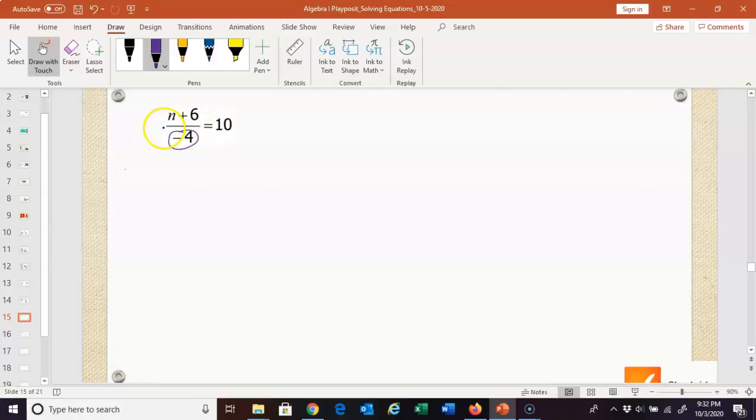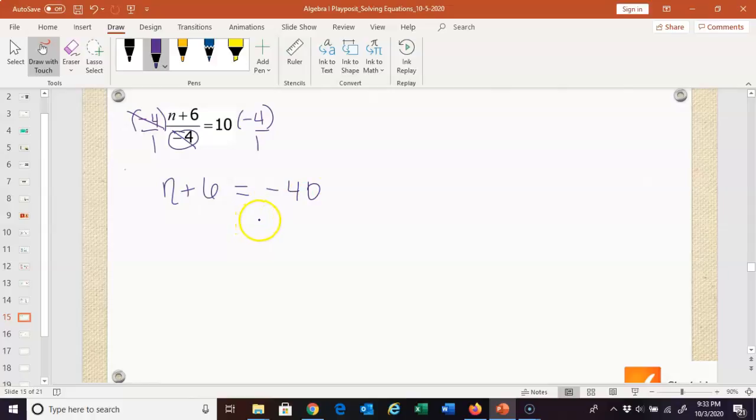So it's being divided by -4, so we're going to multiply both sides by -4 over 1 if you want. Now look, the -4's will cancel, and you'll be left with n plus 6 on the top and -40 over here. So we got that numerator out of that fraction.